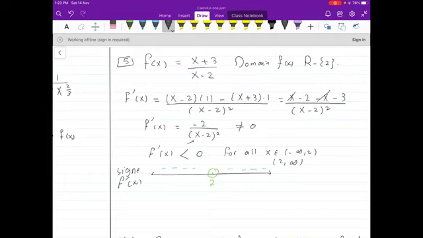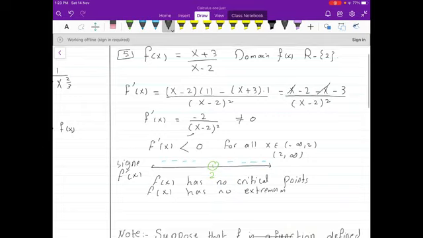Is there any critical point for the function f of x? No. So f of x has no critical points, and f of x has no extremum.